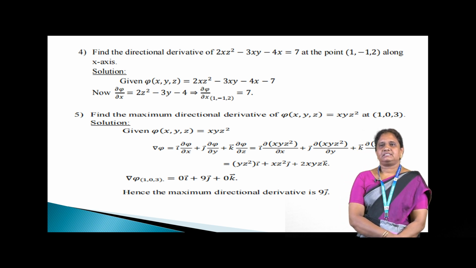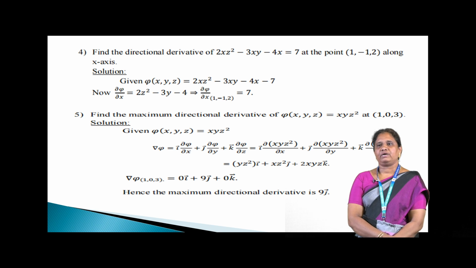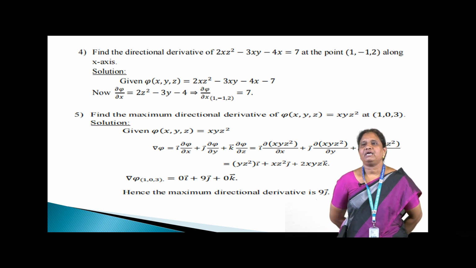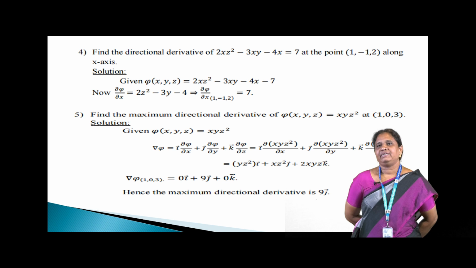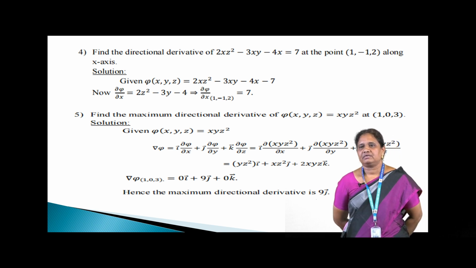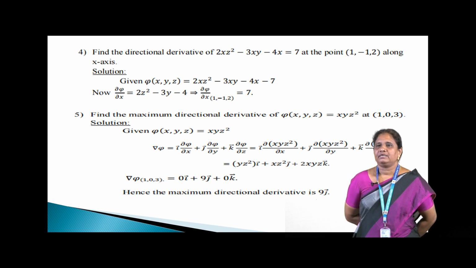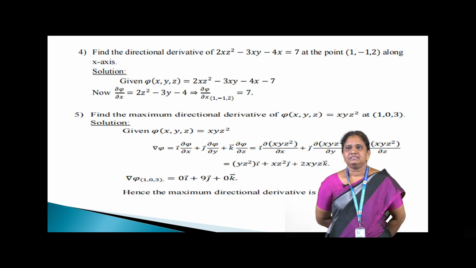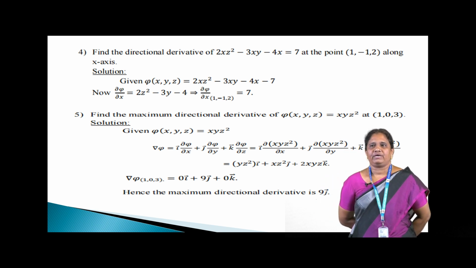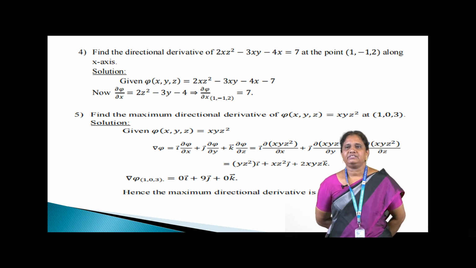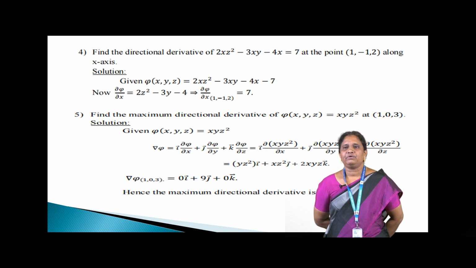Okay. So, given phi of x y z is equal to x into y into z square. Find del phi as usual, differentiating the first term with respect to x, second term with respect to y, and the third term with respect to z. Then we get the answer yz square i vector plus xz square j vector plus 2xyz k vector, and substituting the values 1, 0, 3 instead of x, y, z, we get the first term 0 i vector, the second term 9 j vector, and the third term is 0 k vector.